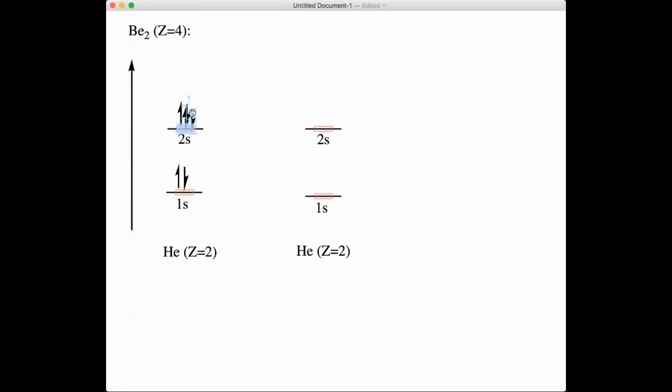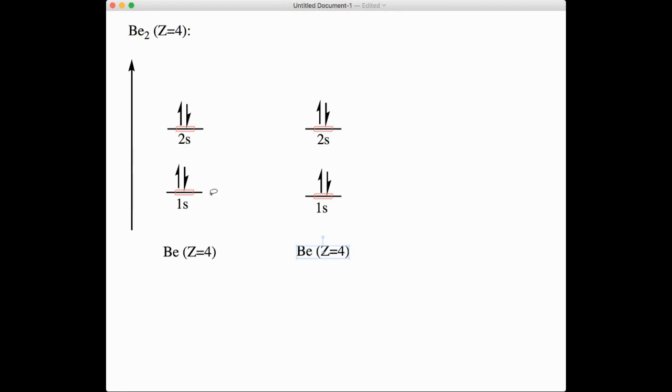That's my electronic configuration for both atoms of beryllium. Sorry, let me fix this. I'm talking about beryllium, atomic number 4. Yes, Tammy, that's okay. Okay, guys, so this is the electronic configuration.